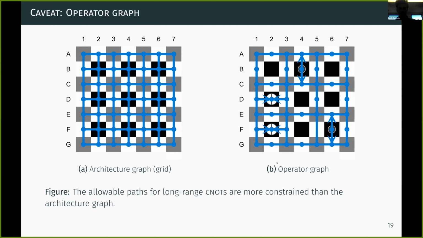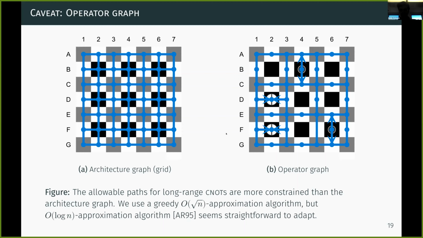And this operator graph is therefore slightly more constrained. However, we're able to use a greedy square root n approximation algorithm, which is obviously not a great approximation factor, but in practice it performs fairly well.